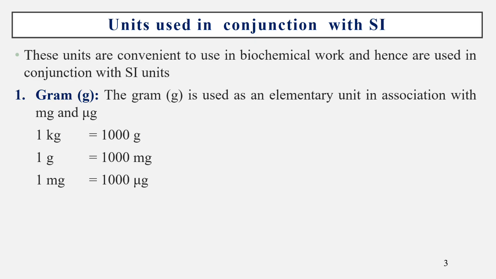The gram is used as an elementary unit, associated with milligram and microgram. 1 kg equals 1000 grams, 1 gram equals 1000 milligrams, and 1 milligram equals 1000 micrograms. This is the gram.